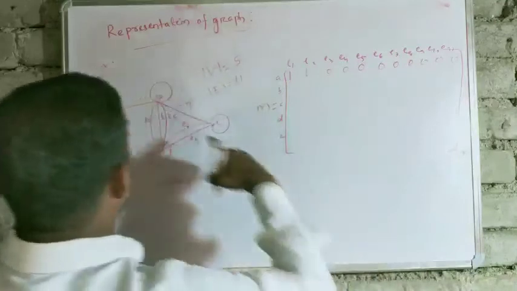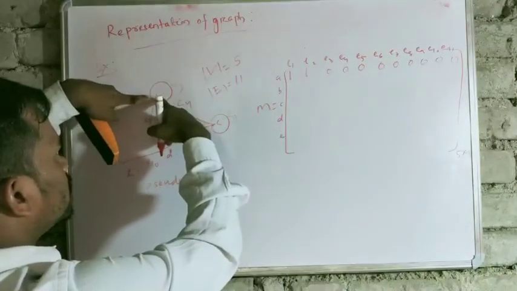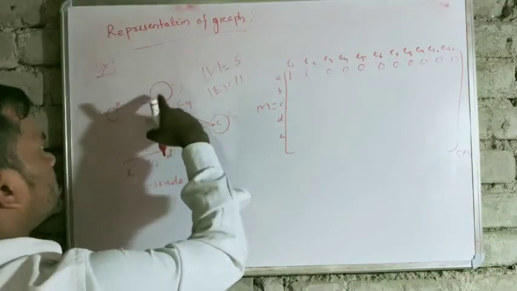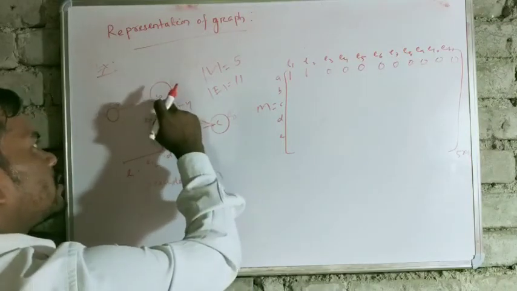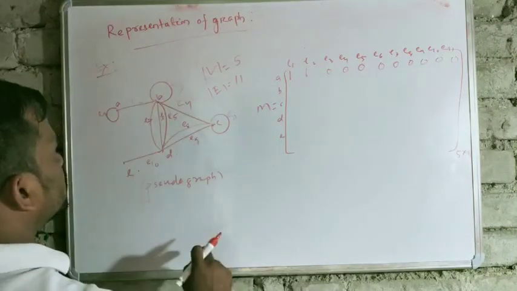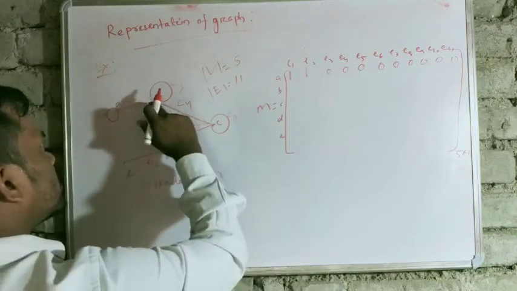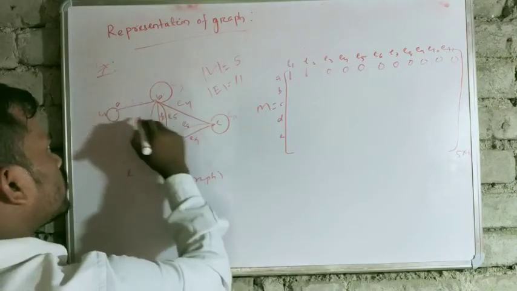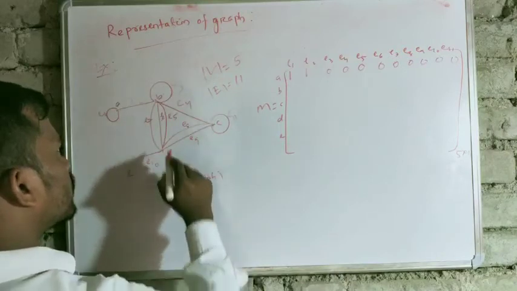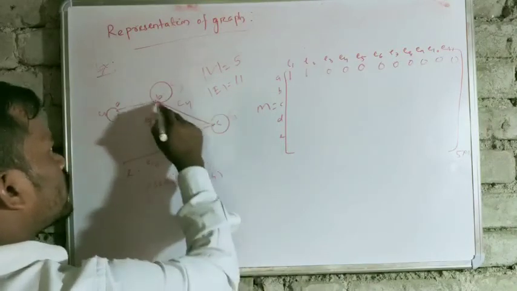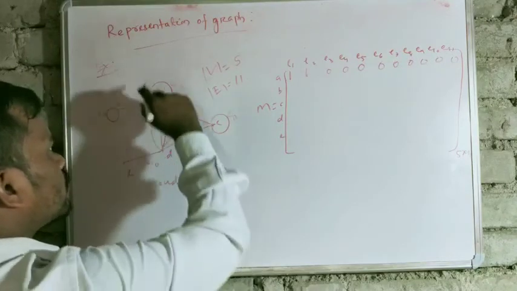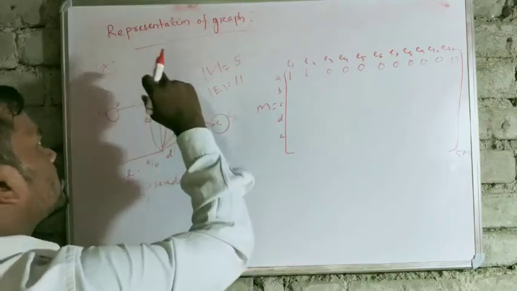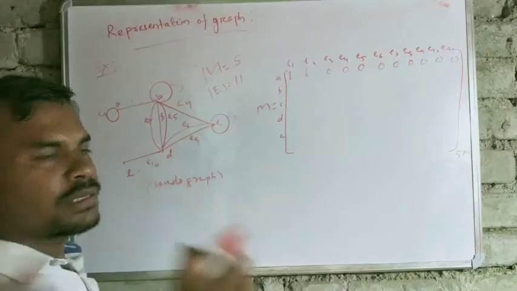Similarly, for vertex B, for which edges is it an incident vertex? E2, E3, E4, E5, E6, E7. For these edges, B vertex acts as an incident vertex.